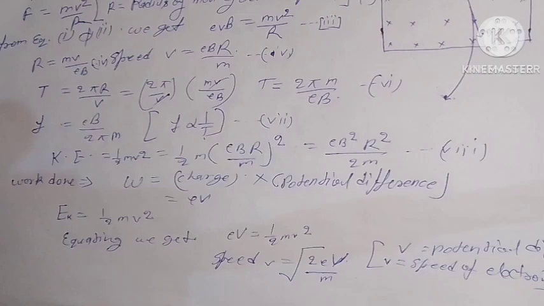This is the expression for speed acquired by an electron as it reaches the anode.